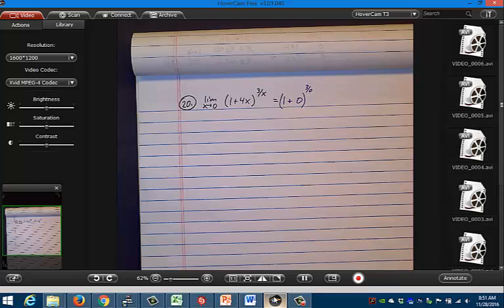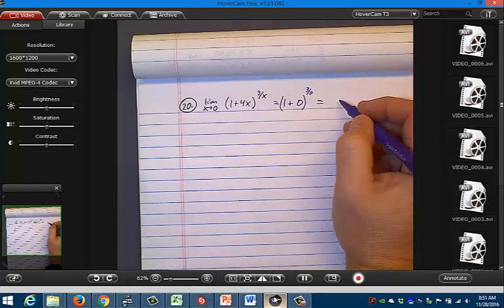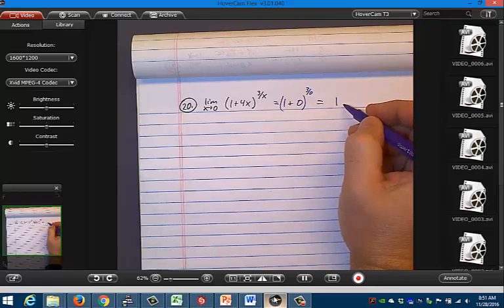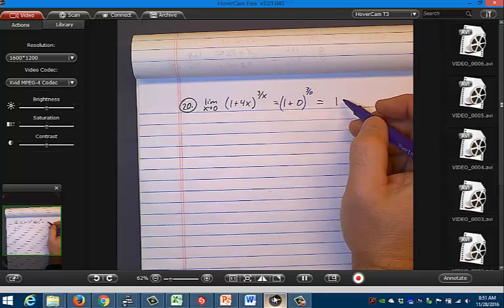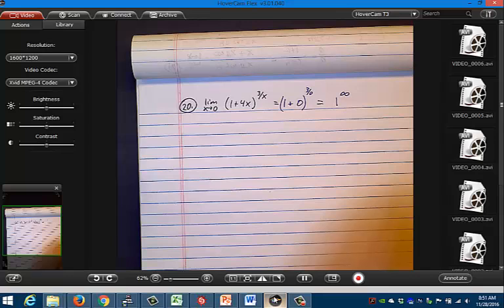So you could argue that this is 1 to what power? Well, that's the thing. You can't divide by 0, so we're going to say that's the 1 to the infinity form. And some of this section is just learning what the indeterminate forms are.